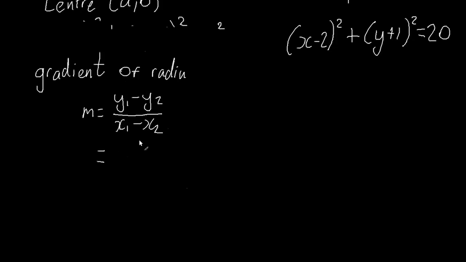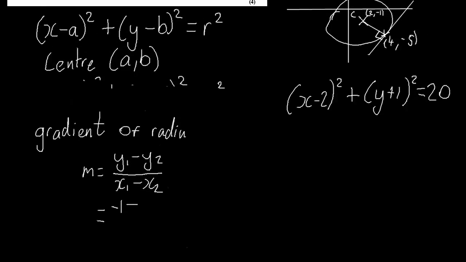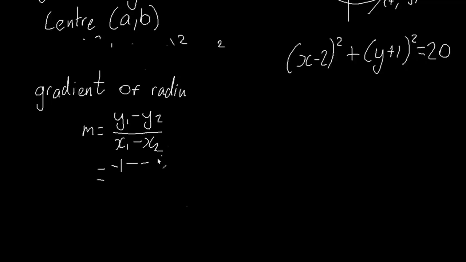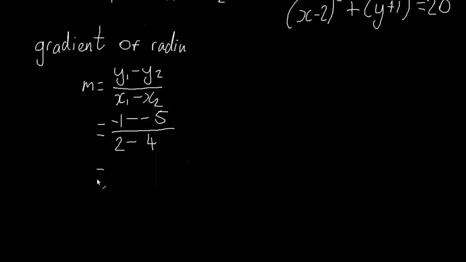So y1 is minus 1, minus y2, which is minus 5, over x1, which is 2, minus 4, which was our x2. So we have minus 1 minus minus 5 is 4 again, over 2 minus 4, which is minus 2, which gives us our gradient for the radius of minus 2.